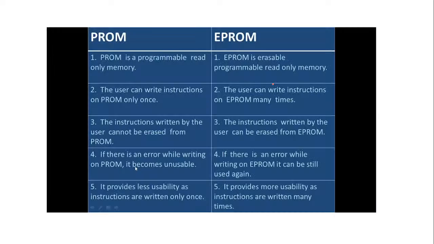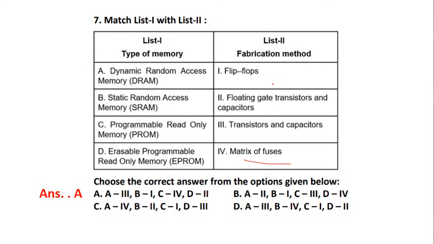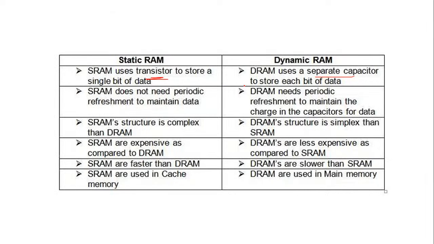The first option, dynamic random access memory, was based on transistors and capacitors, whereas static random access memory was based on flip-flops. So a little bit of concepts is very important to know. Static does not need any periodic refreshment, whereas dynamic memory needs refreshment in order to maintain the charge in capacitors for the data.